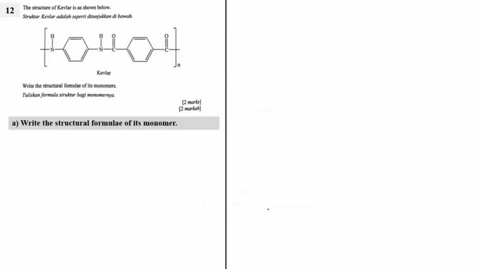Next part is question number 12. The structure of Kevlar is as shown below. We need to write the structural formulae of its monomers. So Kevlar is a polymer, and now we need to find the monomers. Okay, so we're going to have two monomers, because one will react with another one in order to form the polymer.